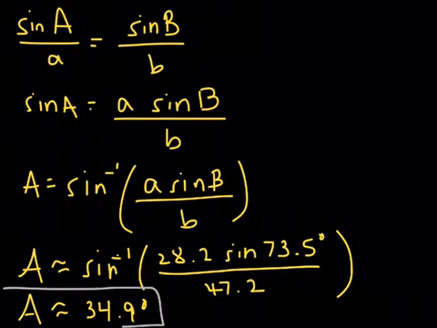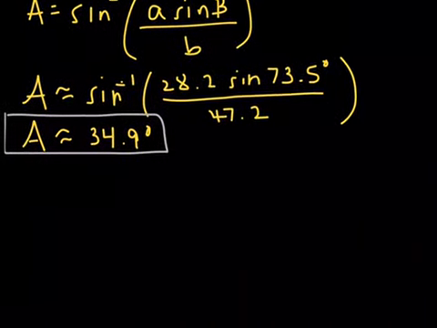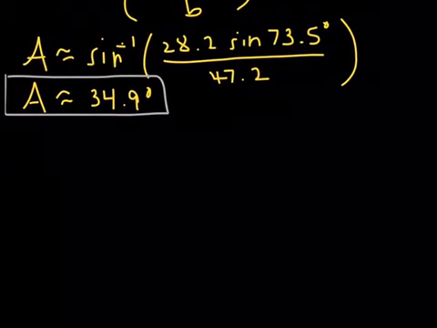Cool. I have all 3 sides. I have angle A. The only thing missing is angle C. But you know what we can do? Remember that the 3 angles within any triangle must sum to 180 degrees.